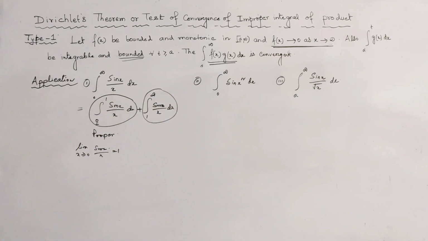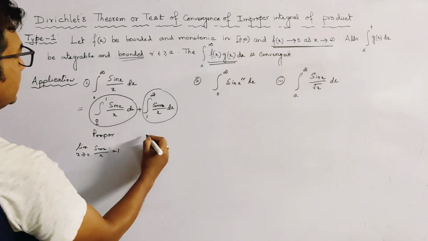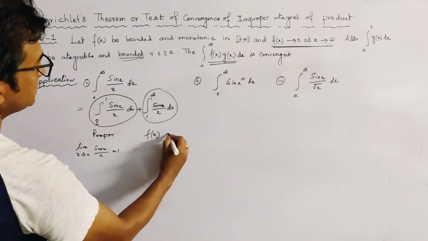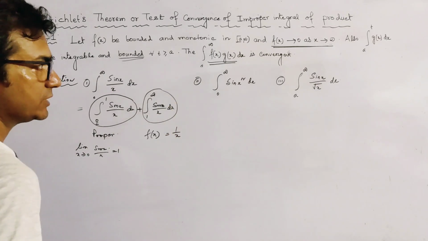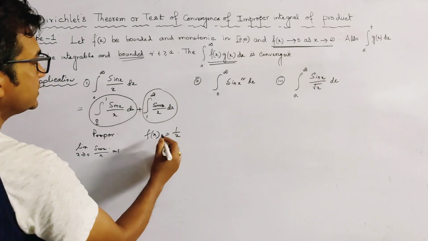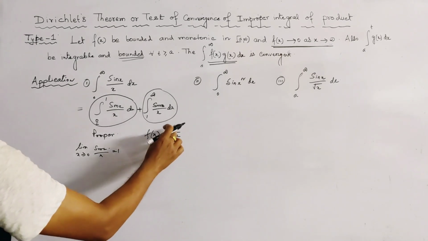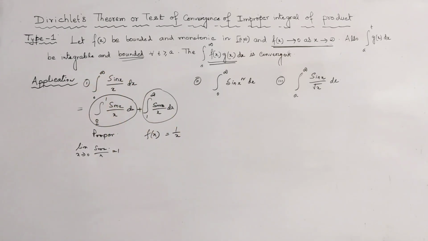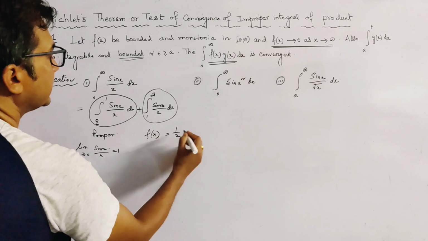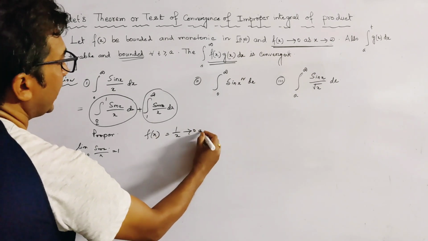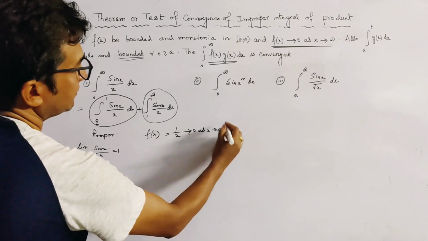Here we let f(x) equal to 1 by x. Clearly this is monotonic decreasing, because if x increases then 1 by x decreases, and this tends to 0 as x tends to infinity.